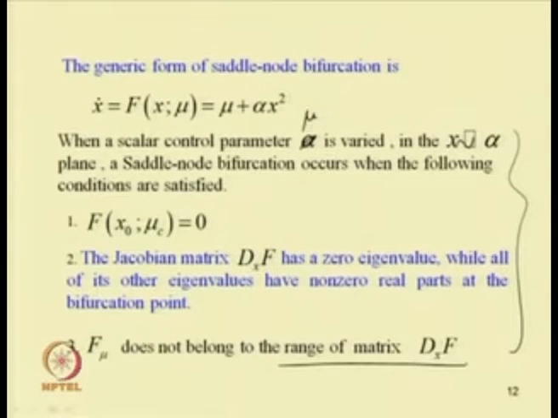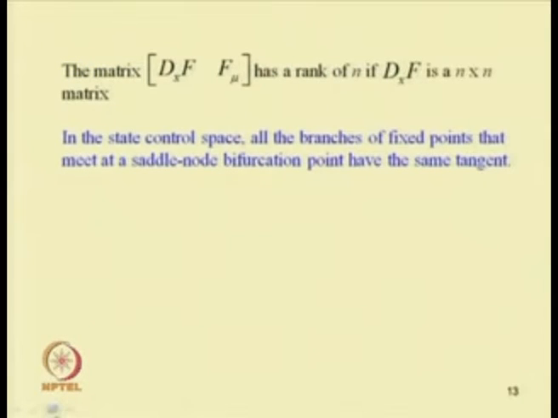In case of the saddle node bifurcation point, f mu does not belong to the range of dxf, while in case of the other two types of static bifurcation points, it should belong to the range of dxf. So, by constructing the matrix [dxf, f mu] and finding the rank of that matrix, it should be n. In case of other bifurcations, it will be n minus 1.